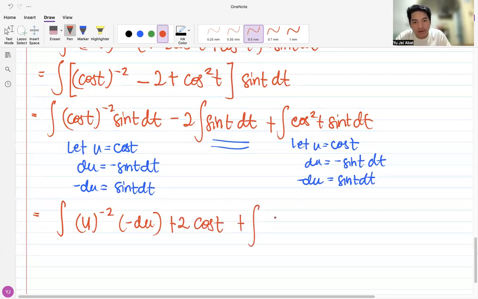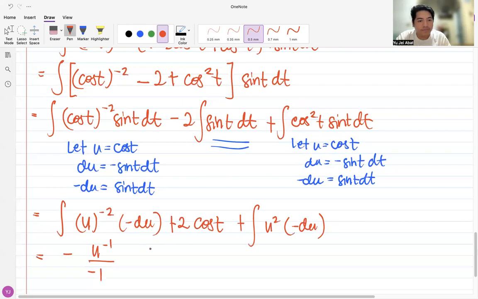Then plus the integral of u squared, then negative du. So power rule: you have negative u raised to negative 1 all over negative 1. So plus 2 cosine of t minus u cubed all over 3 plus c.